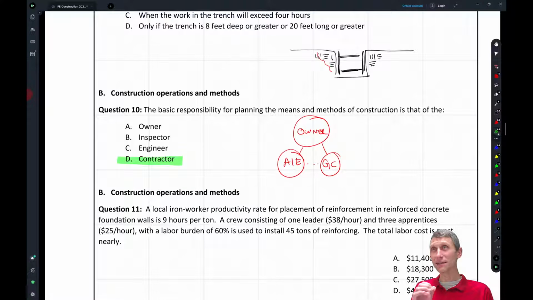Government contracts do change things, and this is where construction is really hard to talk about on a general scale, okay? Because there are different pieces, whether it's DOT or building construction, whether it's roadways and bridges or building construction.